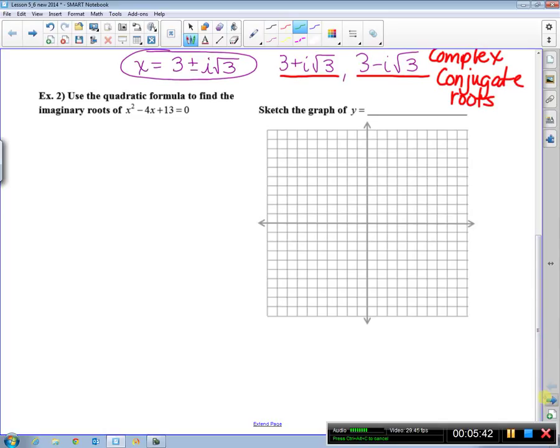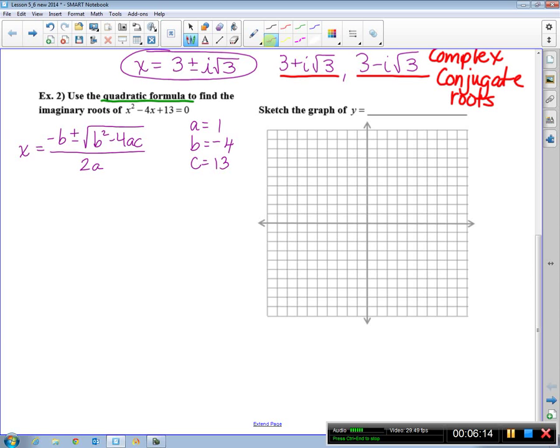It says to solve using the quadratic formula. So let's remind ourselves what that is. There it is. For this quadratic, a is 1, b is -4, c is 13.